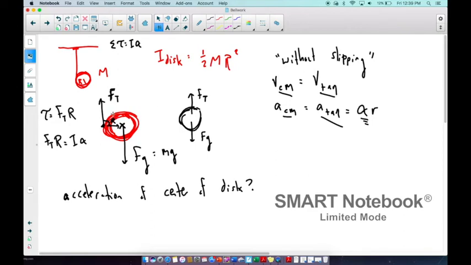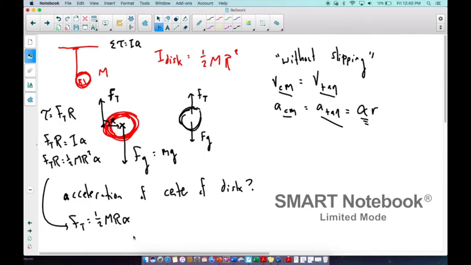And of course it's a disk, so I know what the I value is. Force of tension times R equals 1/2 m R squared times alpha. All right. I can divide both sides by R and get an expression for force of tension. So force of tension is going to equal 1/2 m R alpha, just like that.